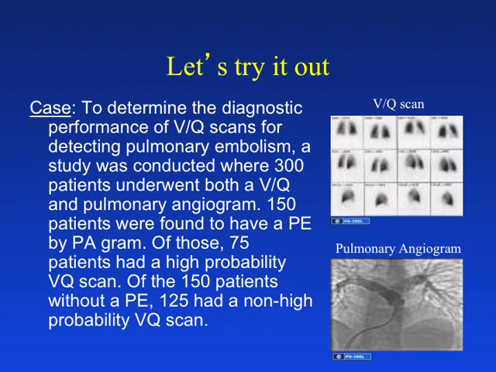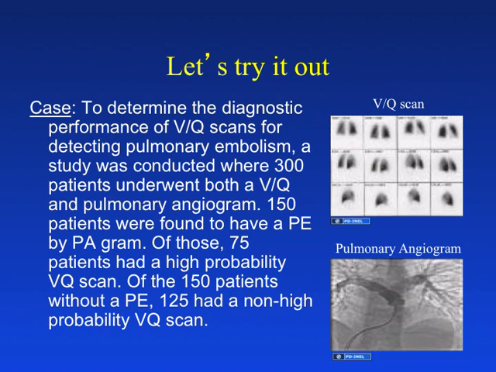Of those 150, 75 patients had a high probability VQ scan, meaning a positive test on the test of interest, the VQ scan. But of the other side, the 150 who didn't have a PE, 125 had generally a normal VQ scan, or we're going to call that a non-high probability one.